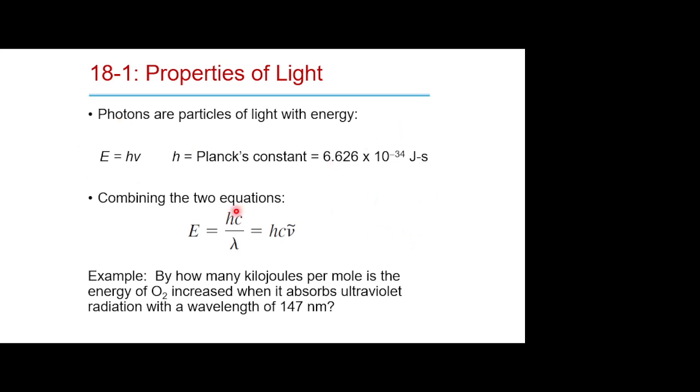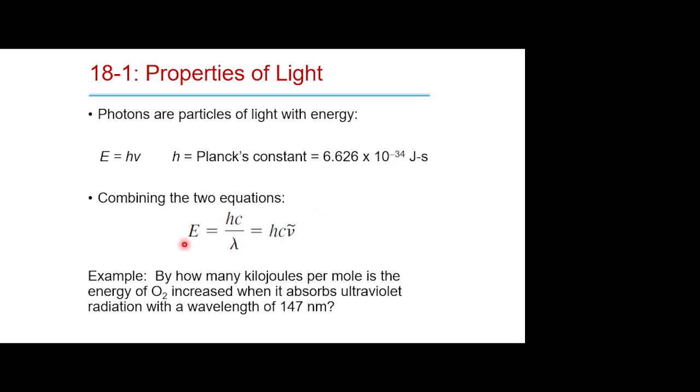Okay, so if we combine the equations I've given you so far, remember that c equals frequency times wavelength. If I combine these relationships, then I can actually get energy related to wavelength, can't I?